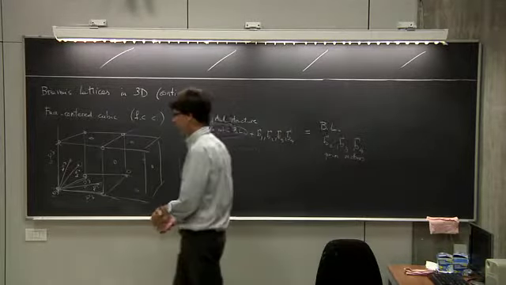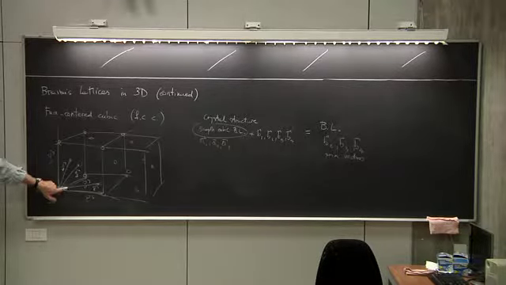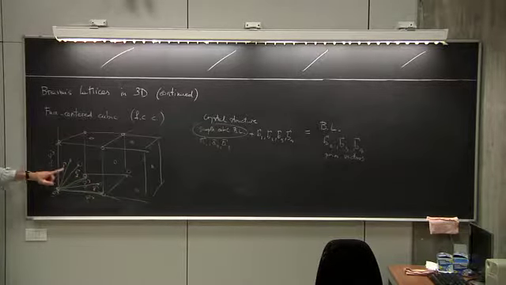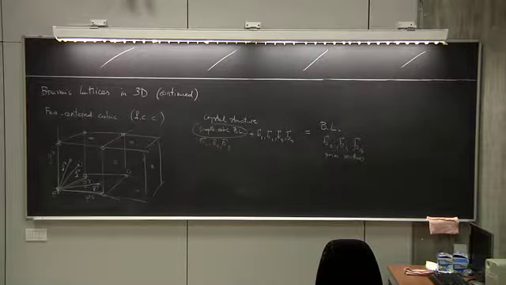In other words, one can show, don't ask me to do it here because it's a bit complicated, that if I take integer times B2 or B3 or B4, I reach all the points of the FCC lattice.